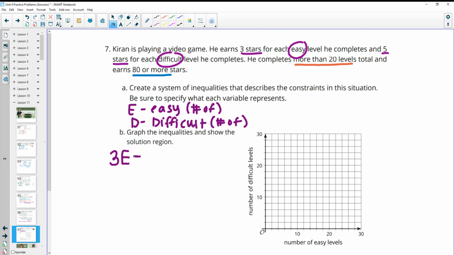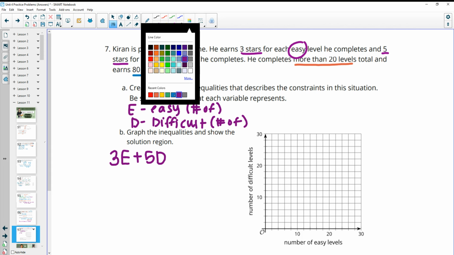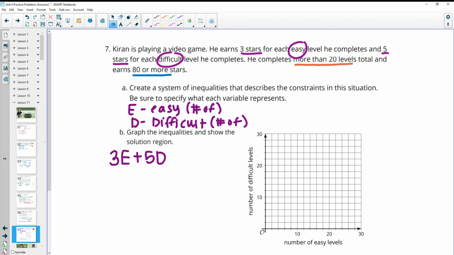So 3 times the number of easy levels. He gets 5 stars for every difficult level he completes. And he needed to earn more. He earned 80 stars or more. So this one goes with the number of stars, right? Because we're talking stars. So he earned 80 or more. So this number needs to be greater than or equal to 80.